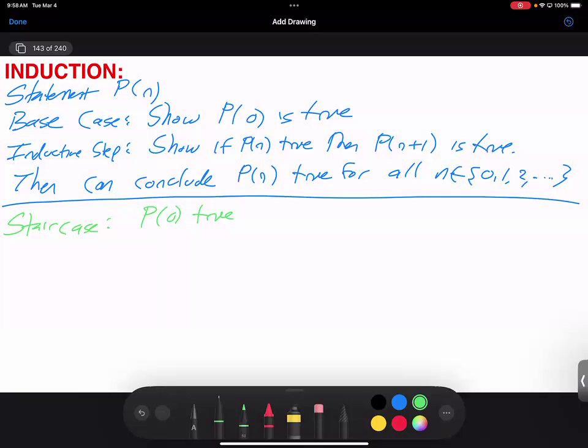So we know P0 is true, and P0 true implies P0 plus 1 is true. So what can we deduce? P0 is true, and P0 true implies P1 is true.